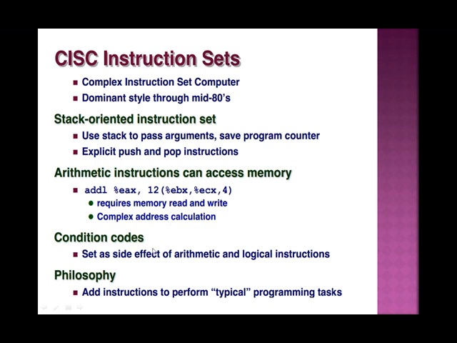Then condition codes: these are set as a side effect of arithmetic and logical operations. The philosophy is to add instructions to perform typical programming tasks. So CISC is the complex instruction set used by the Y86 processor architecture.